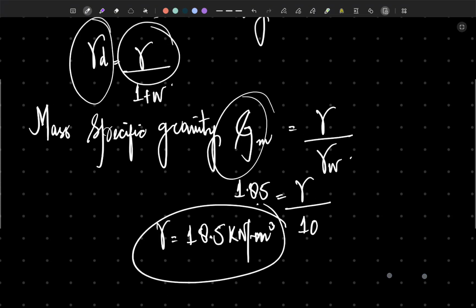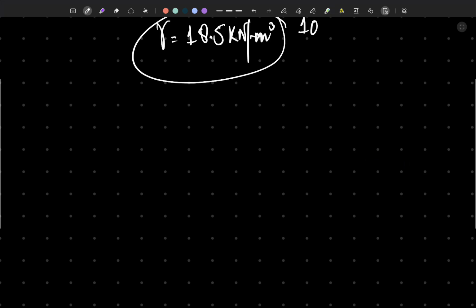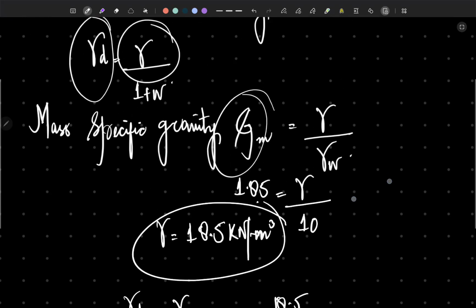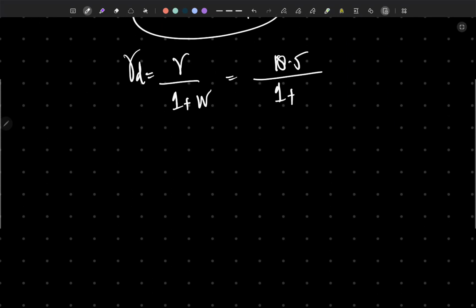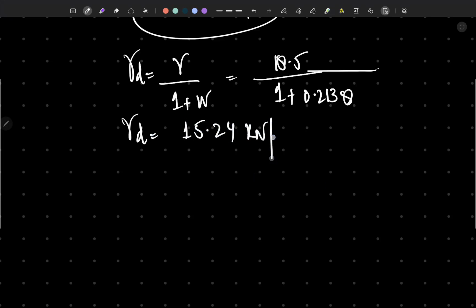So let's find the dry unit weight first. Dry unit weight is equal to bulk unit weight divided by 1 plus water content. Bulk unit weight is 18.5, water content we found 21.38%, so it's 0.2138 because we use it as decimal in computation and report it as percentages. So dry unit weight by calculations is 15.24 kilonewton per cubic meter.